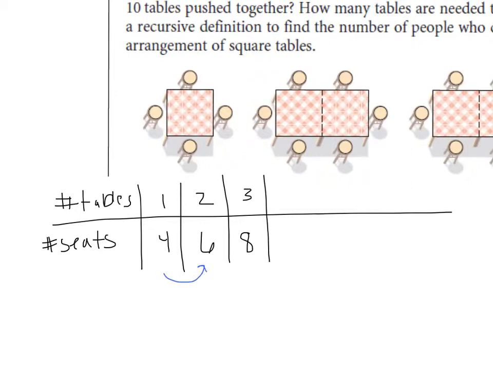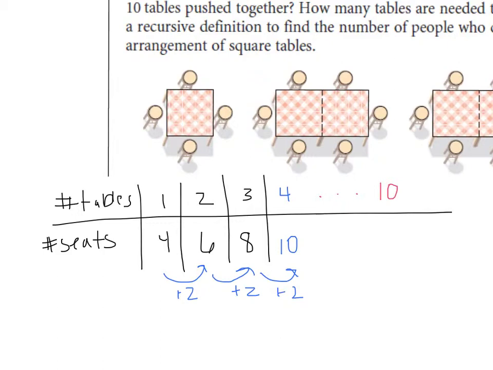If we go from 4 to 6, we add 2. If we go from 6 to 8, we add 2. So if we wanted to find the 4th table, we would add 2 again. Okay? But we are asked to find the 10th table. So we can just add 2 until we get to the 10th term, or the 10th table.